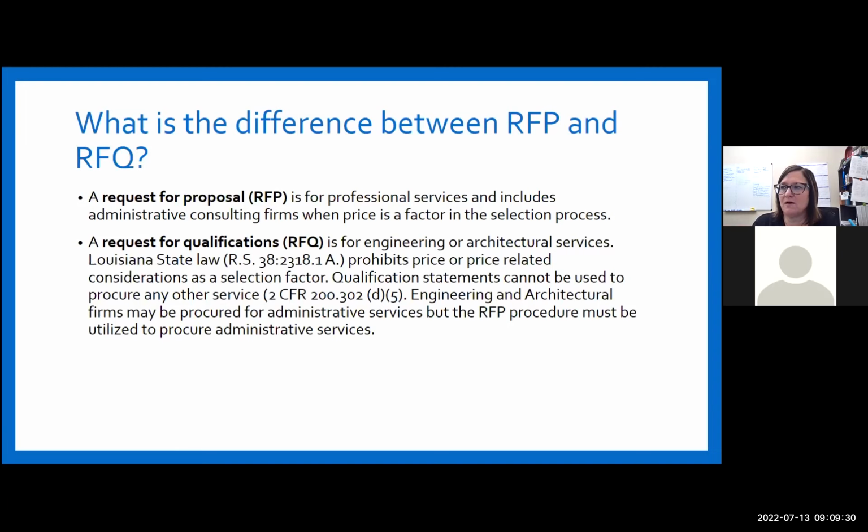Louisiana state law, RS 38:2318.1(A), prohibits price or price-related considerations as a selection factor. Qualification statements cannot be used to procure any other service. So just engineering and architectural firms may be procured for administrative services, but the RFP procedure must be utilized to procure administrative services.